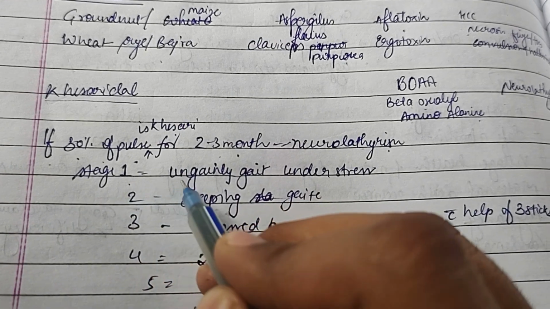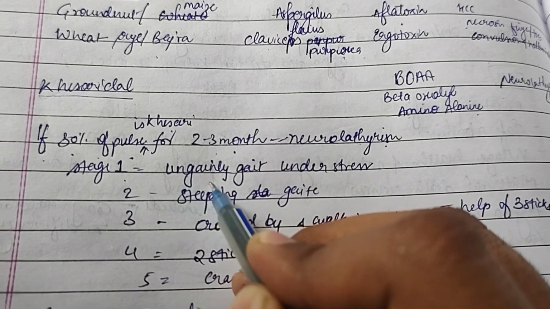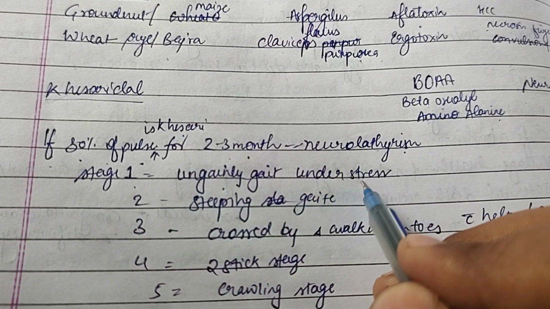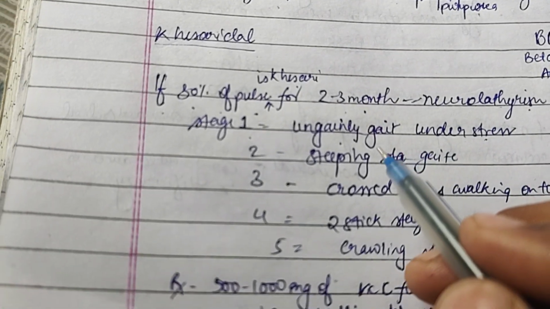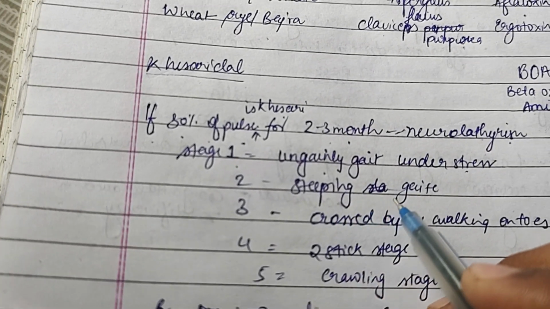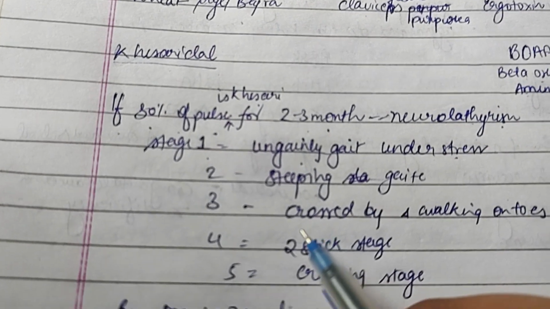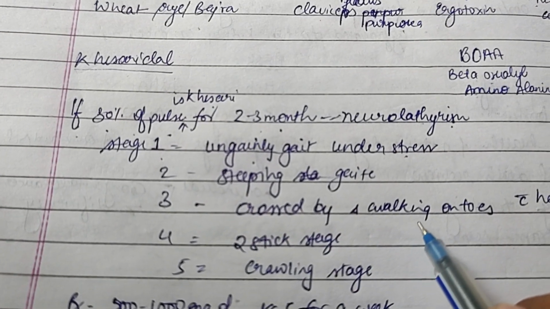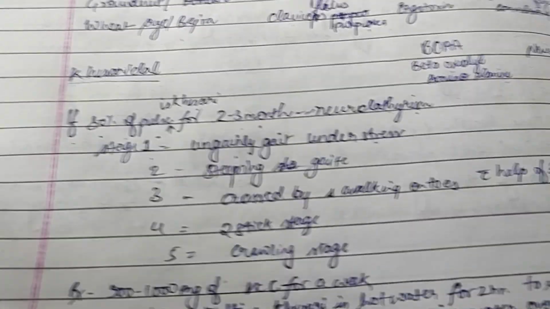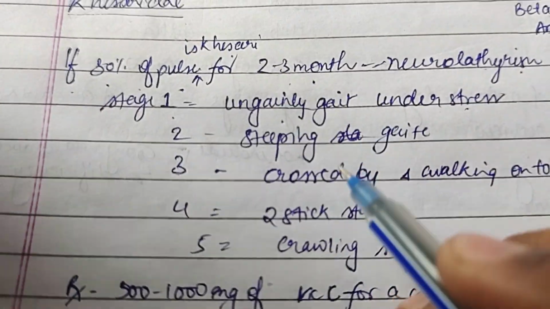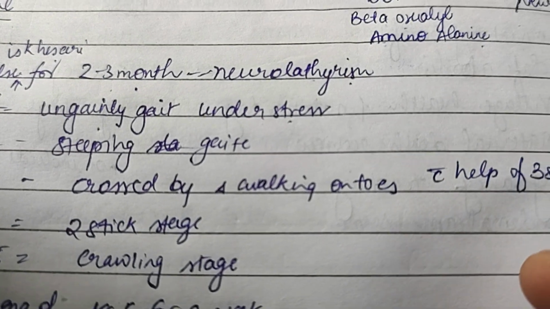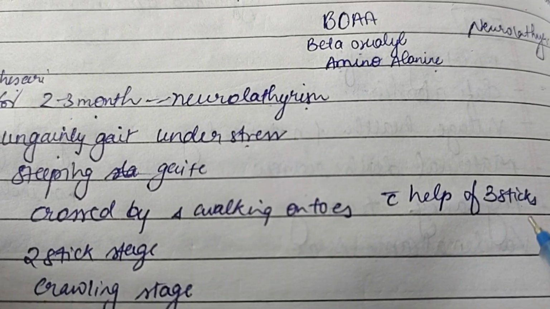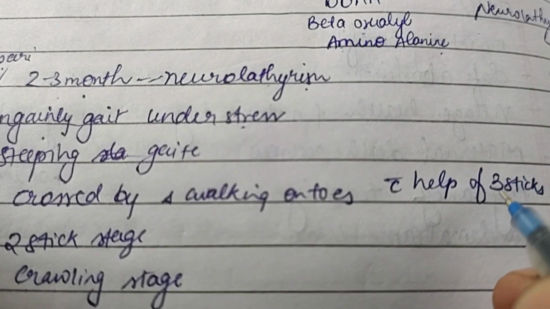In stage 1 there is an ungainly gait, most commonly seen under stress. The second is a stepping gait. The third stage is crossed legs, walking on toes, with the help of a stick, one stick.